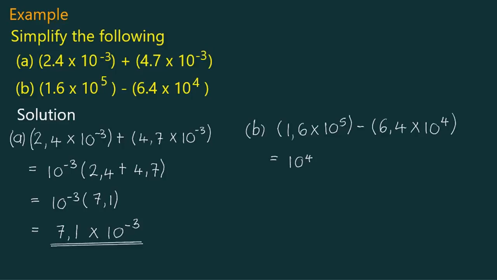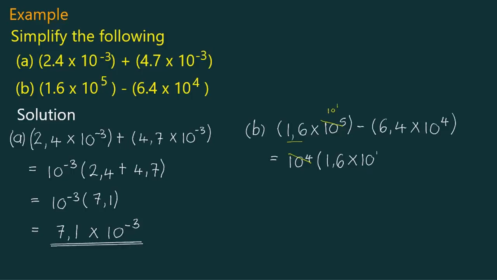If we divide 10 to the power of 4 into this number here, 10 to the power of 4 will divide into 10 to the power of 5, and we are left with 10 to the power of 1 and 1.6. So we'll be getting 1.6 times 10 to the power of 1.